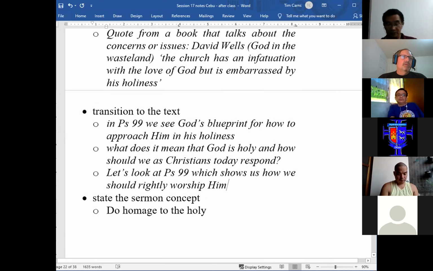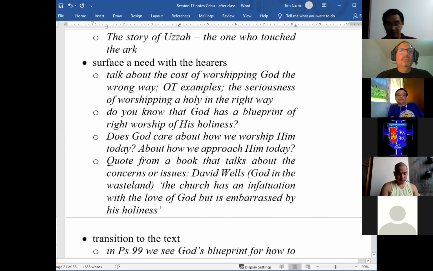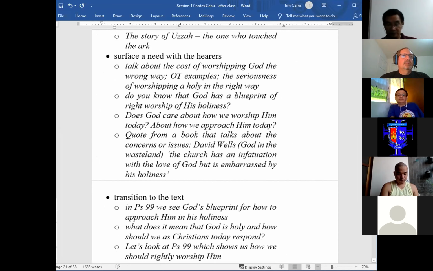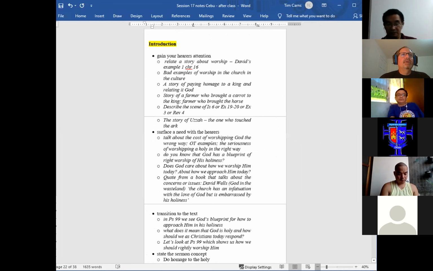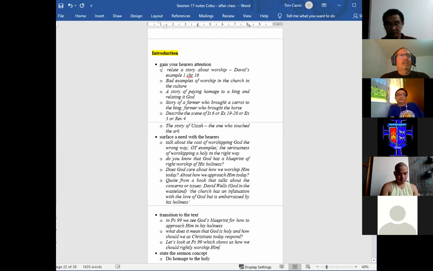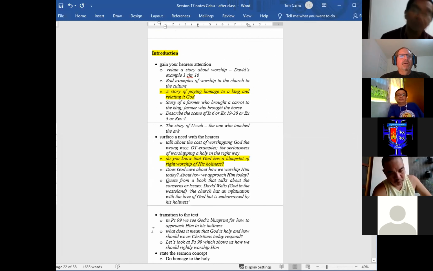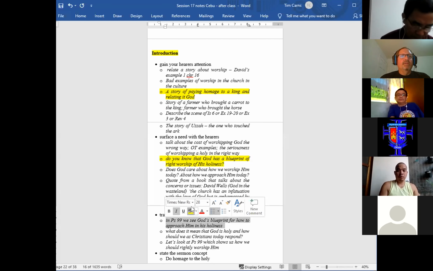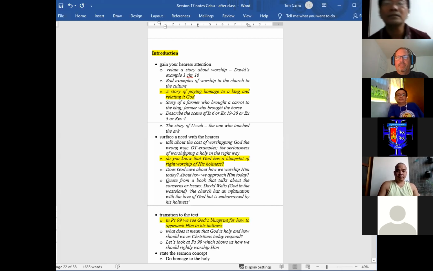Good. Again, if we look at what we're doing here, let me just back out a little bit. Notice we have a lot of different ideas for the introduction. And again, you only need to probably choose one thing from each section here, and then when you write the manuscript, just fill it out.